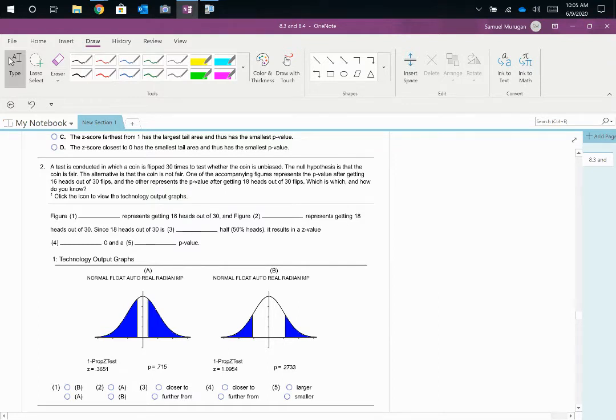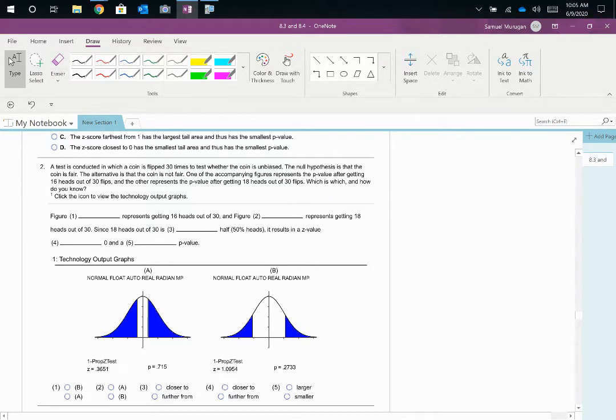A test is conducted in which a coin is flipped 30 times to test whether the coin is unbiased. The null hypothesis is that the coin is fair. The alternative hypothesis is that the coin is not fair.